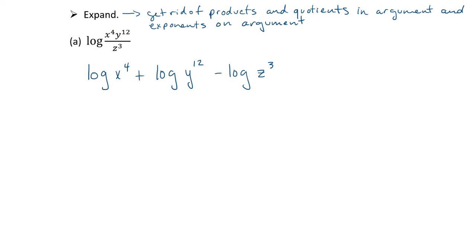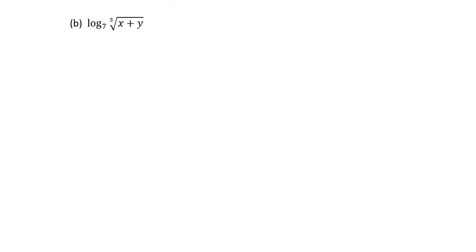Now, I've gotten rid of my products and quotients in the argument. I need to get rid of the exponents now. So I use my power rule. This is equivalent to 4 log x plus 12 log y minus 3 log z.